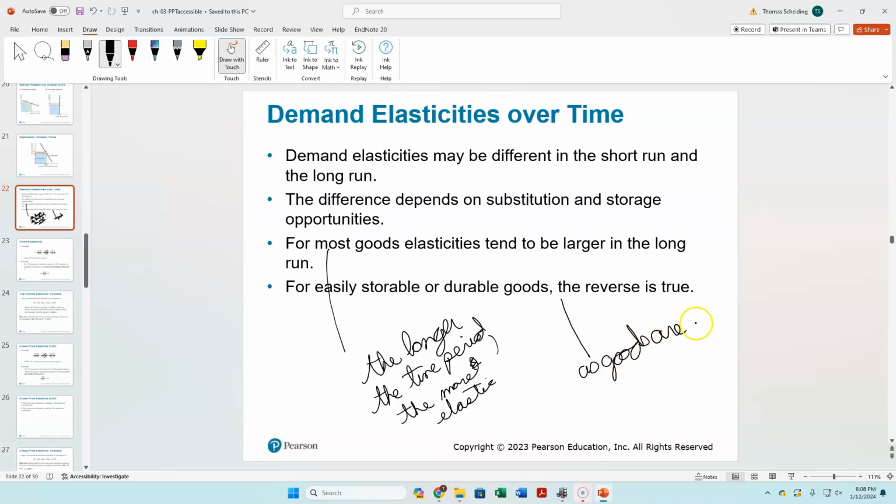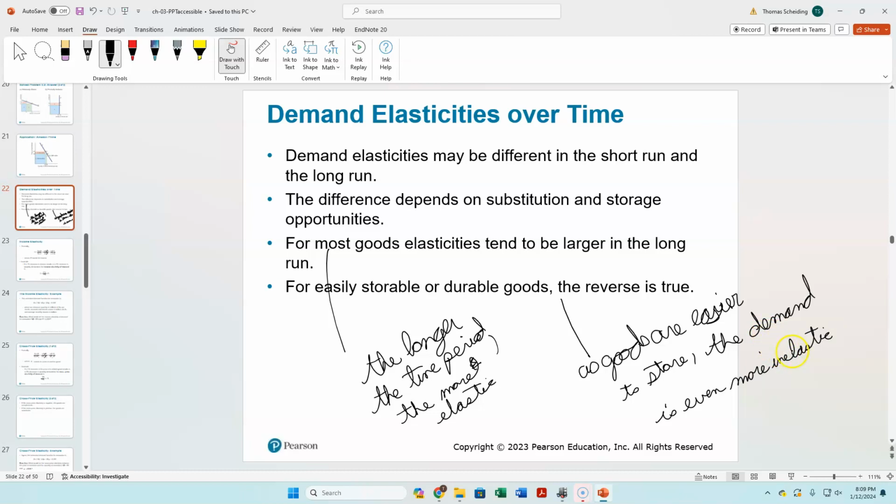As goods are easier to store, what we see in general is that the demand will become even a bit more inelastic, because right now I can store things for a much longer period of time.